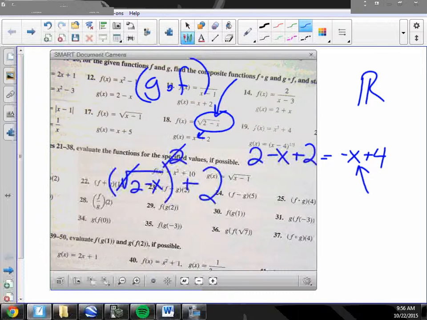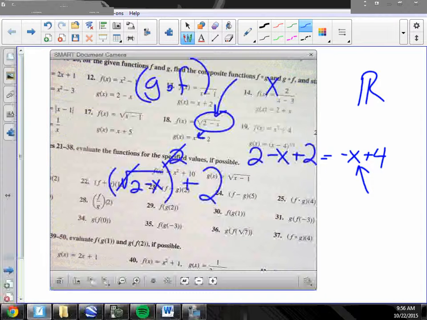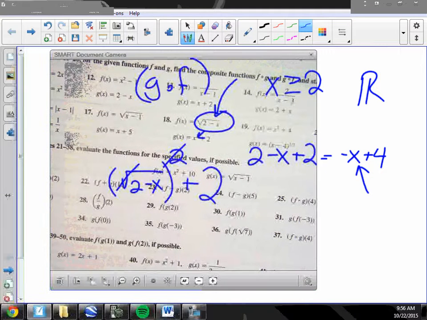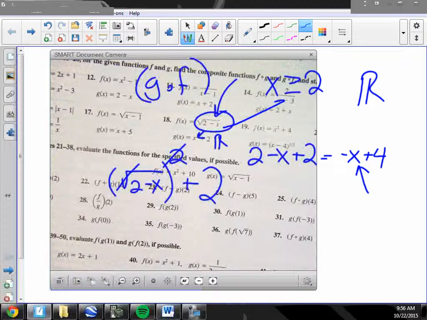But the original domain of this is x must be, let's see, greater than or equal to 2. You guys see that? So the domain of this one is all real numbers, but the domain of that one is x has to be greater than or equal to positive 2. That domain influences the domain of the original.